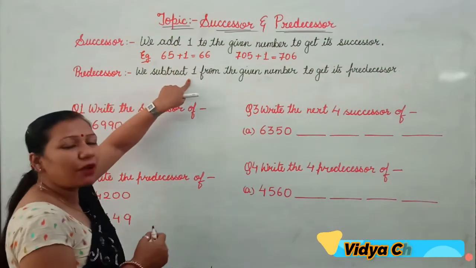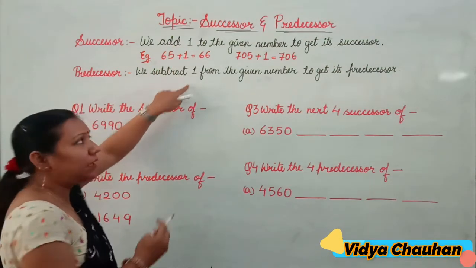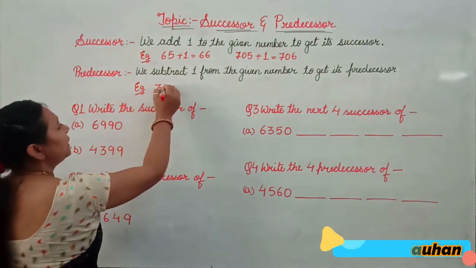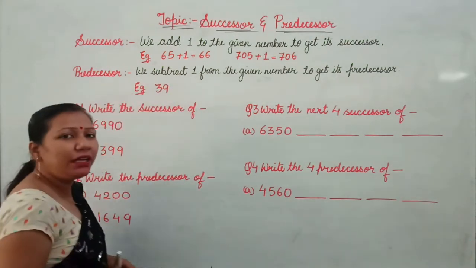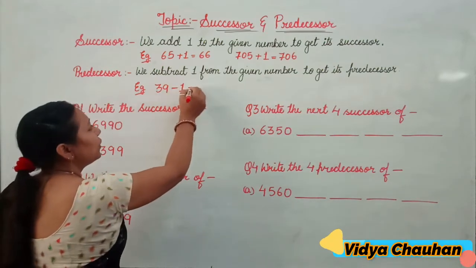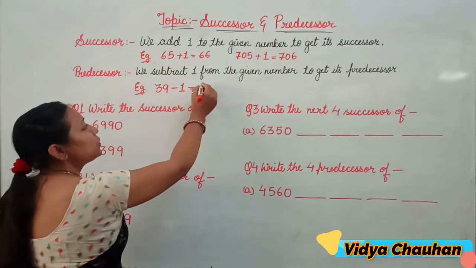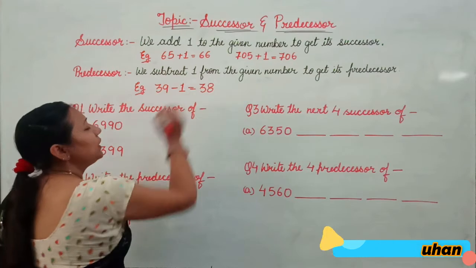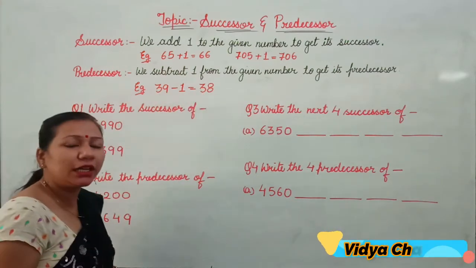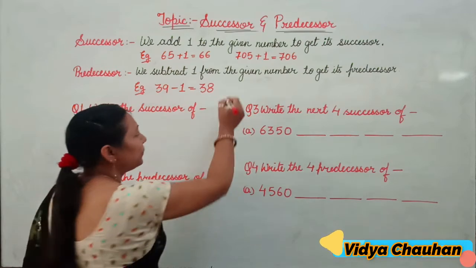For predecessor, you have to subtract 1 from the number. For example, if your number is 39 and you have to find its predecessor, subtract 1 from it. So 39 minus 1 will give 38. So 38 is the predecessor of the given number 39.